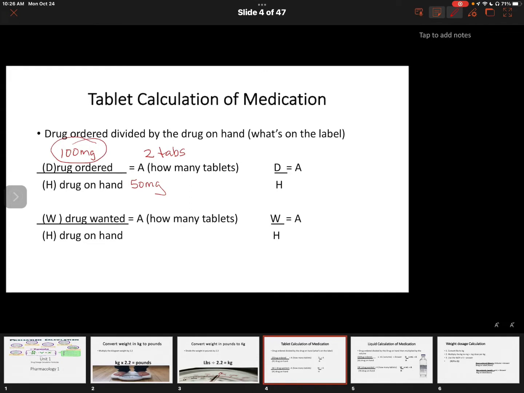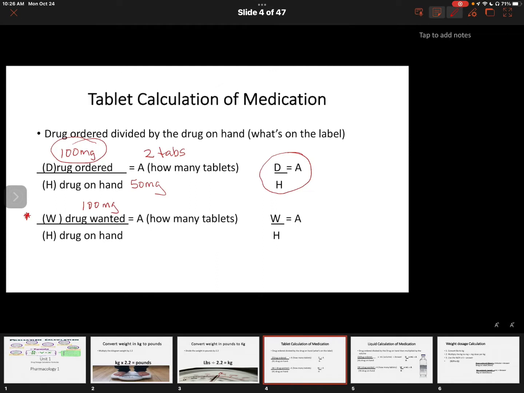So this formula is known as D over H equals A. The formula right below it is the exact same thing, it's just written a little bit differently. The drug wanted, we want to give 100 milligrams.